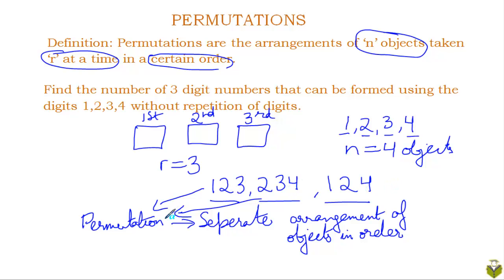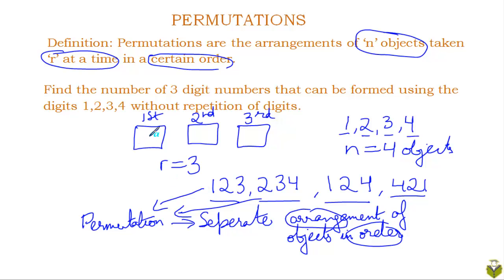So all of these are separate permutations because you have a different arrangement. So the arrangement in order is different. So if we have, say, 1, 2, 4 and 4, 2, 1, the objects used are the same, but the order in which they appear is different, right? So you have 1, 2, and 4, and here you have 4, 2, and 1. So the arrangement of these digits is different. So all the arrangements which we get are separate permutations. So each one is a separate permutation.